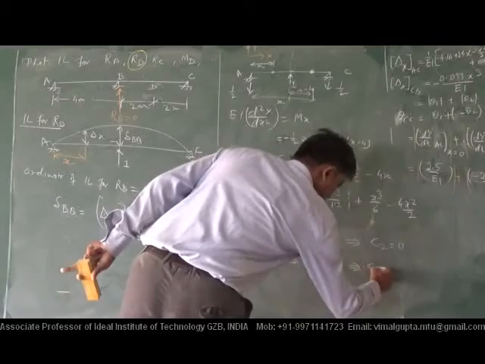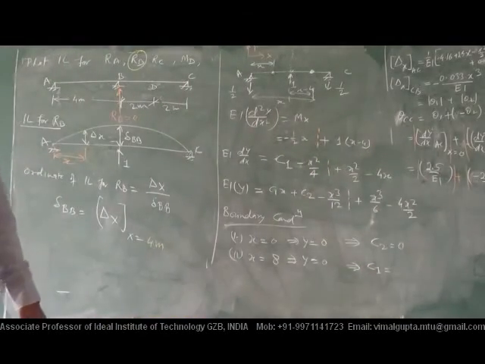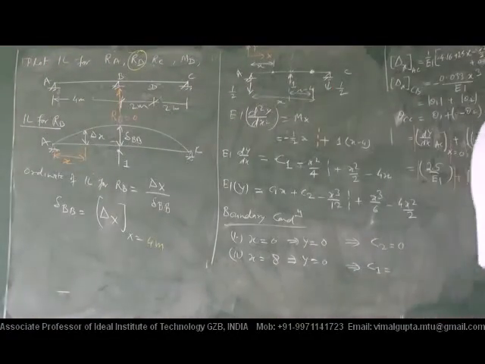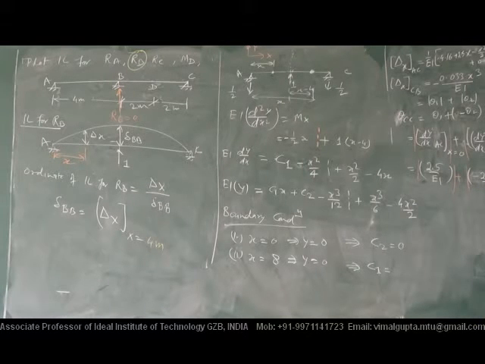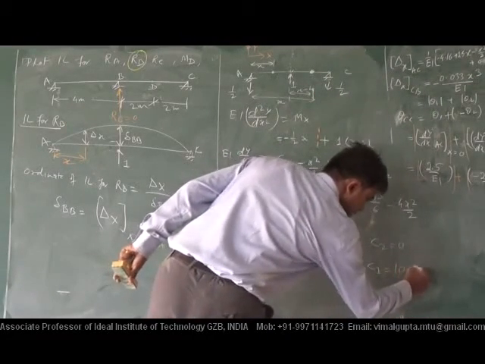And this one, C1, value of C2, C1, how much is that value? 10.67.